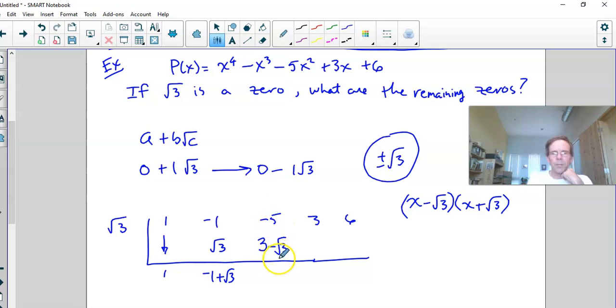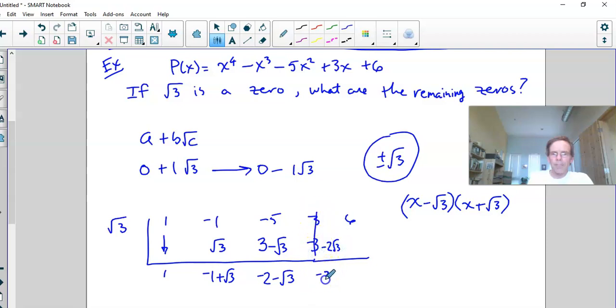Now we add these numbers. Negative 5 plus 3 is negative 2. We still have this square root, negative 3 subtracting. Okay, now we multiply again. When the square root of 3 multiplies this negative square root of 3, we get negative 3, and then we're going to get minus 2 square root of 3 as well. And then those 3's cancel.